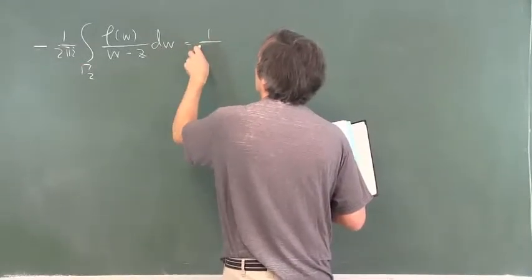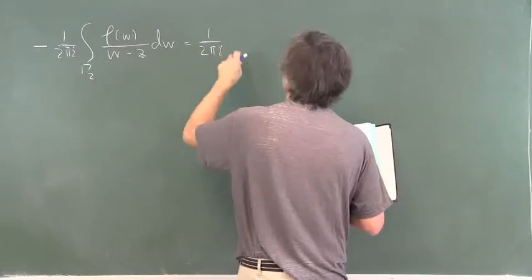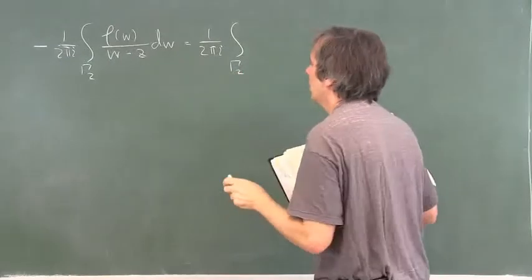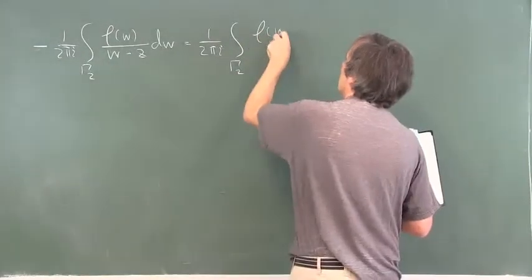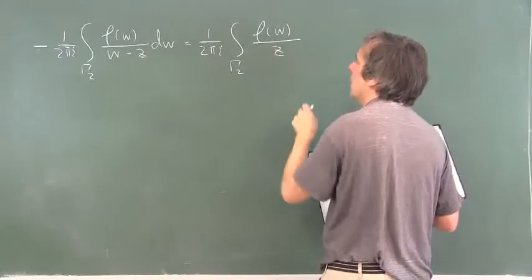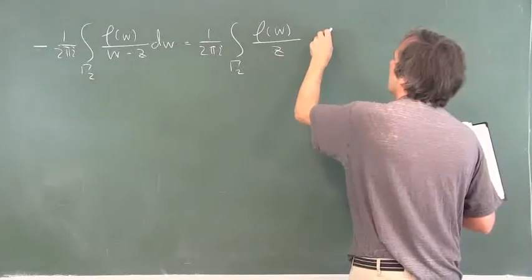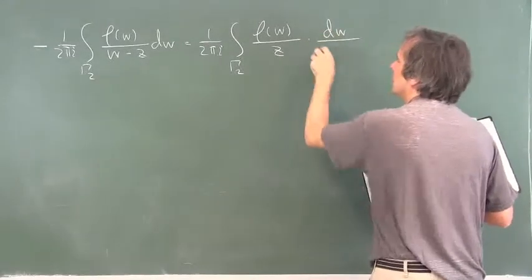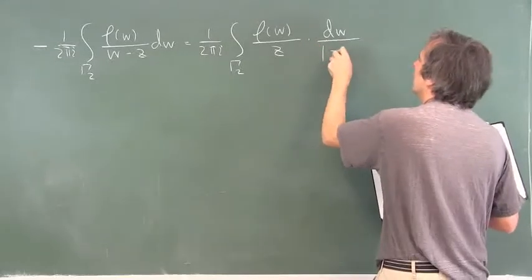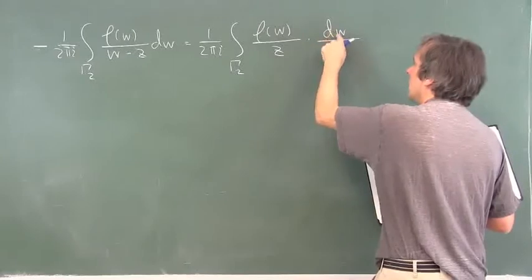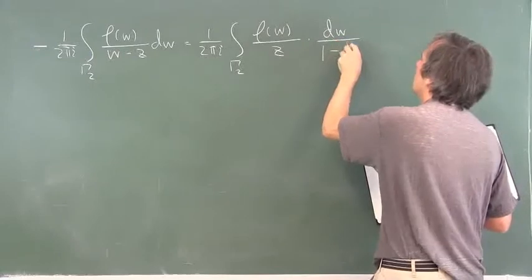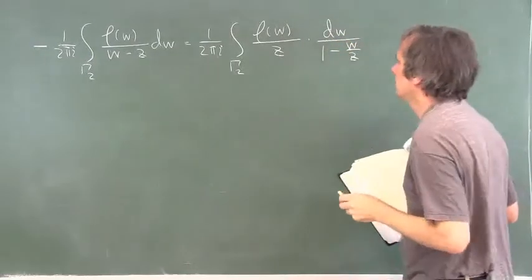And so we get 1 over 2 pi i times the integral over gamma 2 of f of w, and then we will have a z down here, and then dw divided by 1 minus w divided by z, like this.